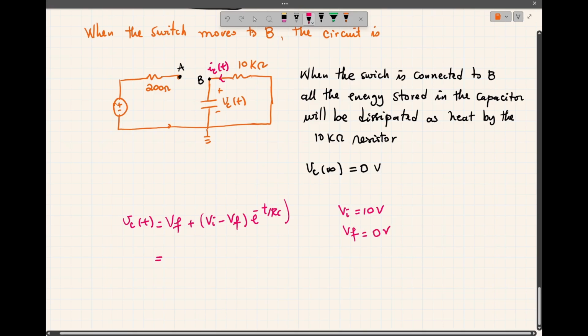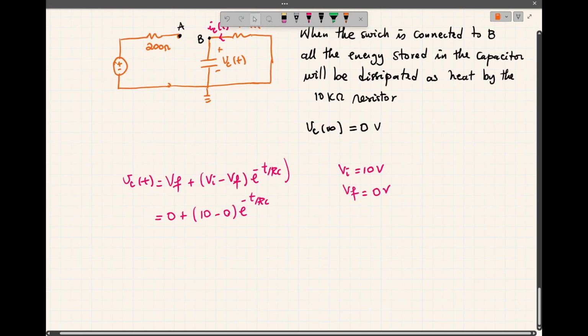Substituting, we have 0 plus 10 minus 0, times e to the negative t over RC. So Vc of t will be 10 e to the negative t over RC, and t is positive.